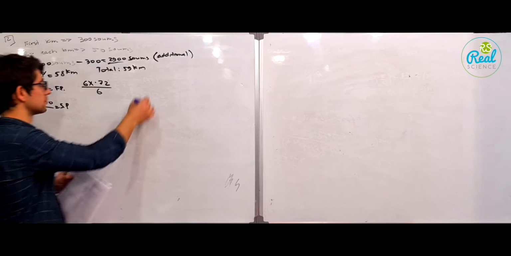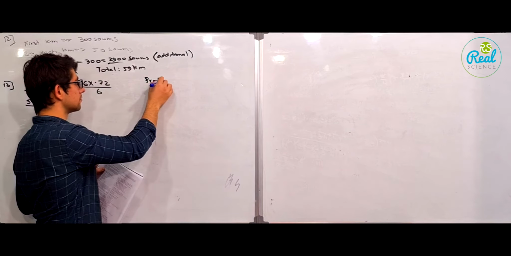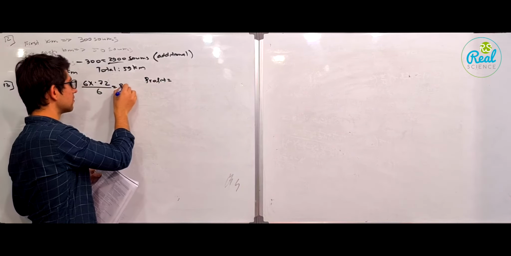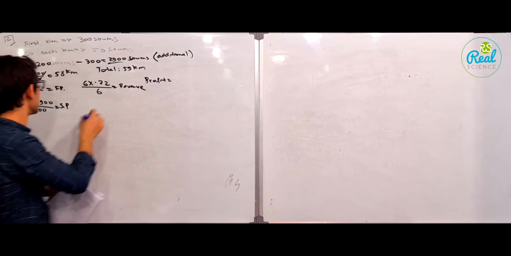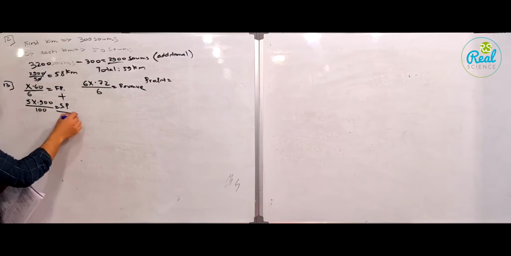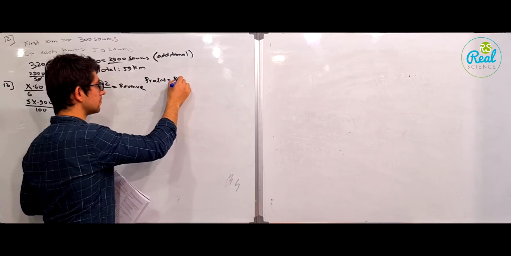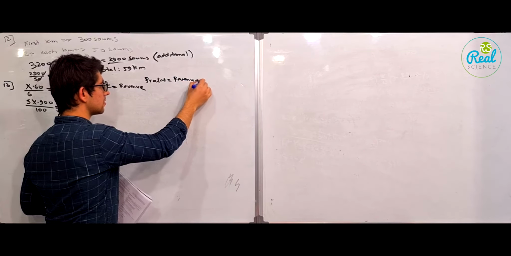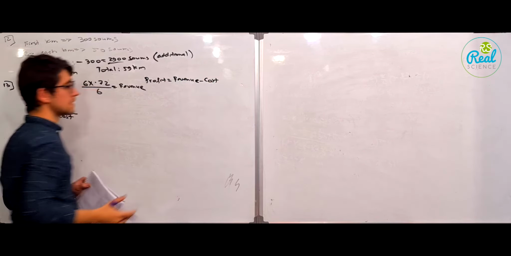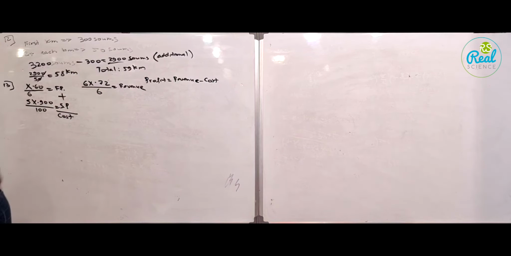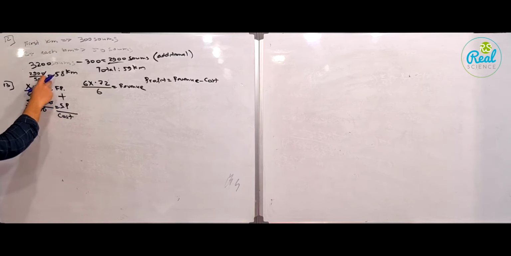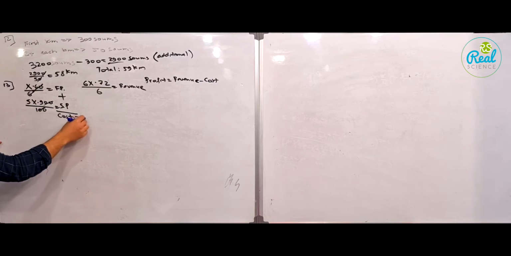Okay, let's explain. This is revenue, right? If you add the purchases, you get cost. Profit is revenue minus cost. So what is cost? Let's calculate it. It is 10x, and this is 45x. 10x plus 45x is 55x.